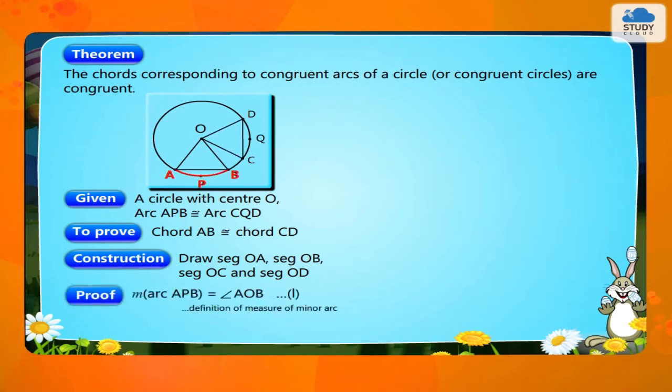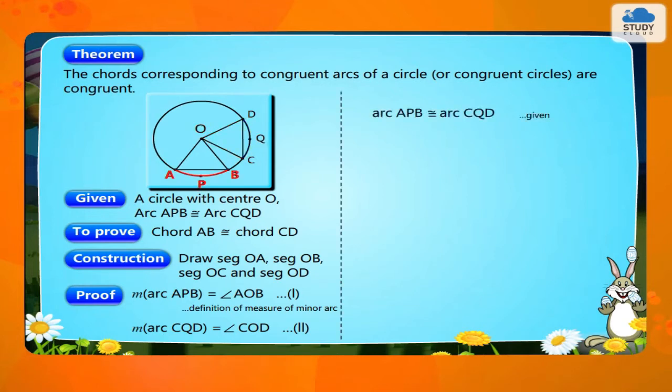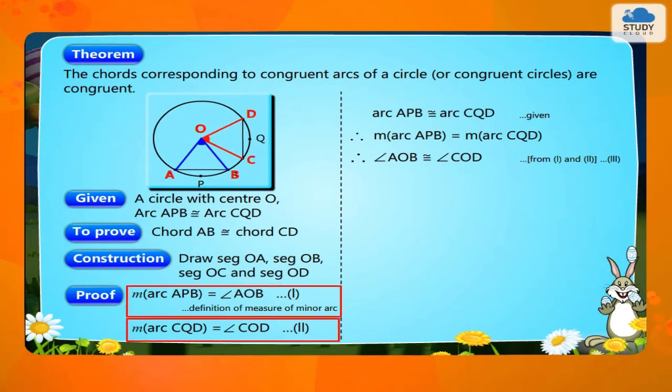Proof: measure of arc APB is equal to angle AOB. Equation 1. Measure of arc CQD is equal to angle COD. Equation 2. Arc APB is congruent to arc CQD. Therefore, measure of arc APB is equal to measure of arc CQD. Therefore, angle AOB is congruent to angle COD from equations 1 and 2.